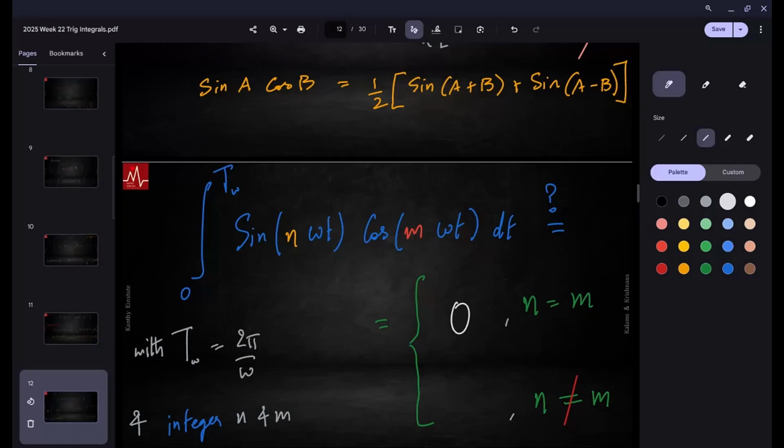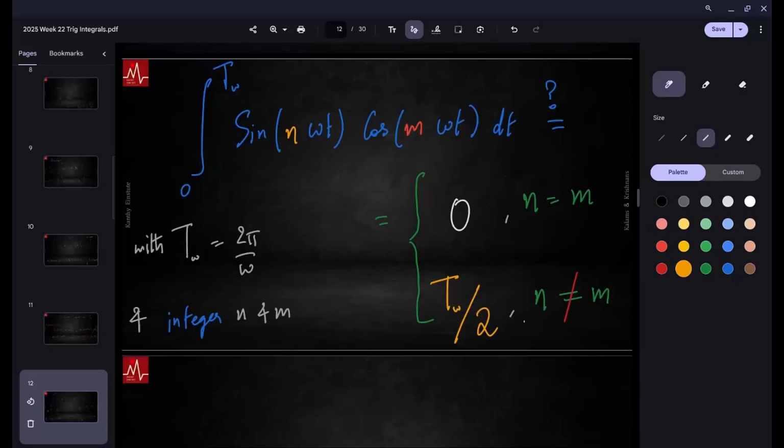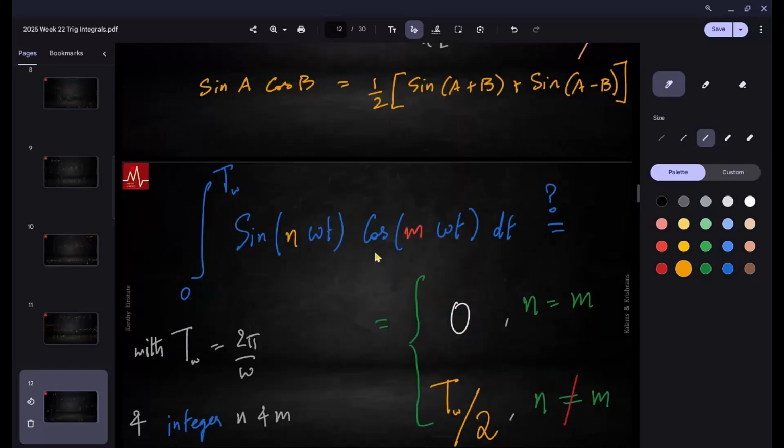Mukta got it. That's going to be T by 2. T omega by 2. Time period by 2. Why?